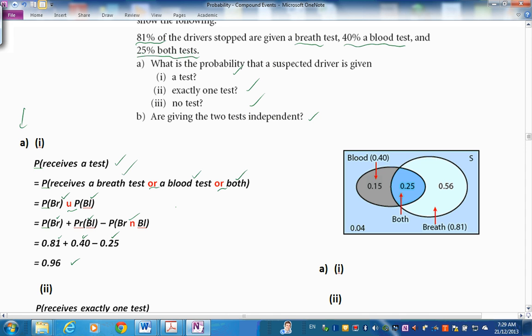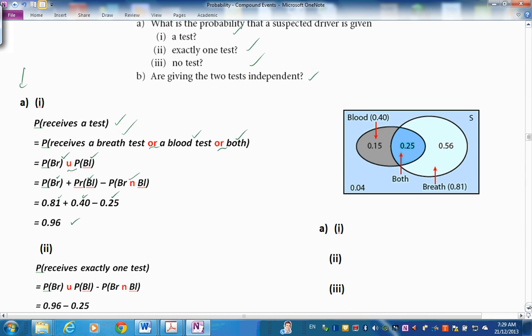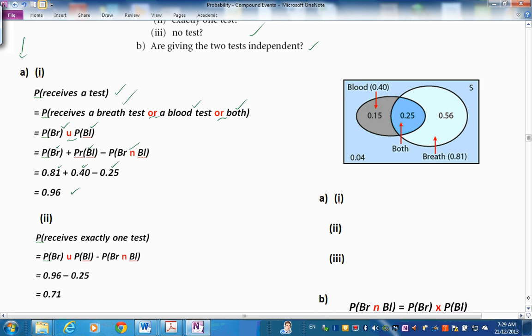Okay, what's the probability that one receives exactly one test? It's the union here, 0.96 from here, and we have to take off that intersection, because we don't want the intersection here. We're going to take off another lot of it.